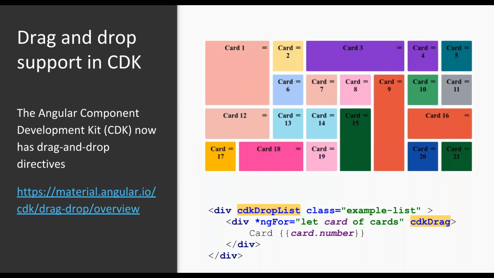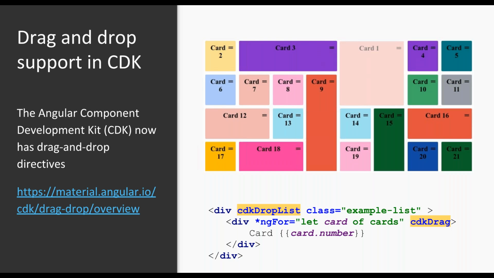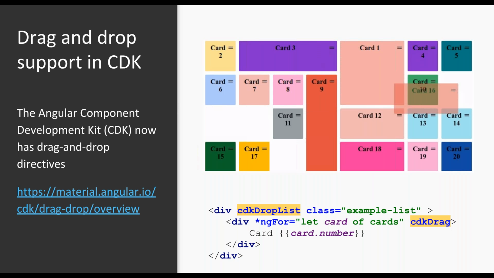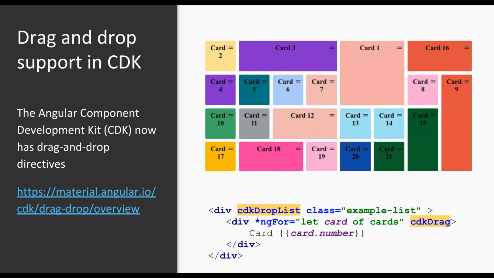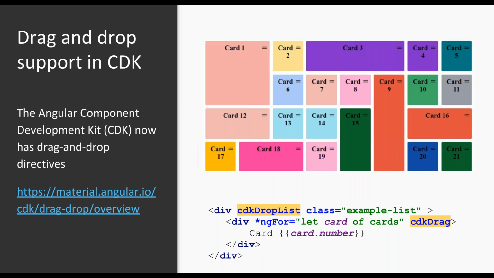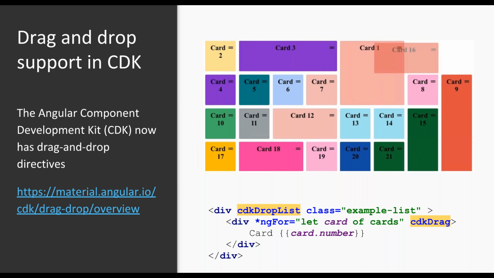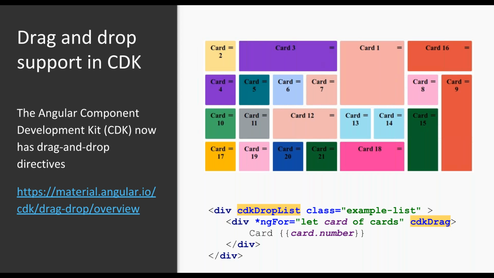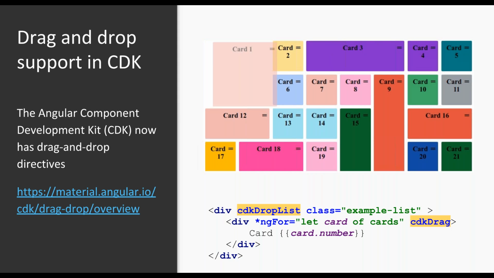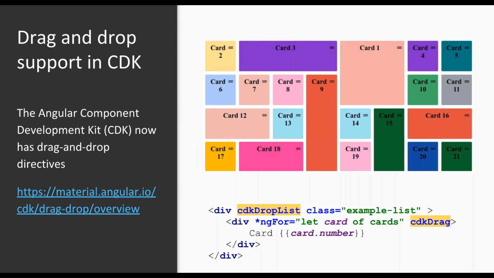All of these things rely on some advanced JavaScript and DOM manipulation. What they decided to do with it is that they created a component development kit that has all of these different features and behaviors in one place that we can use through a set of directives, components, and services.